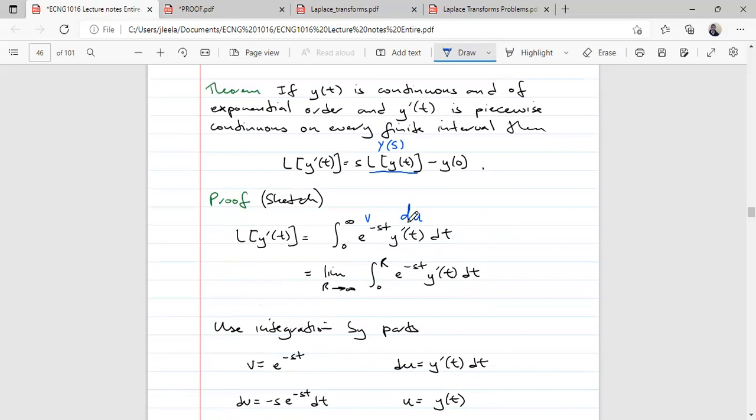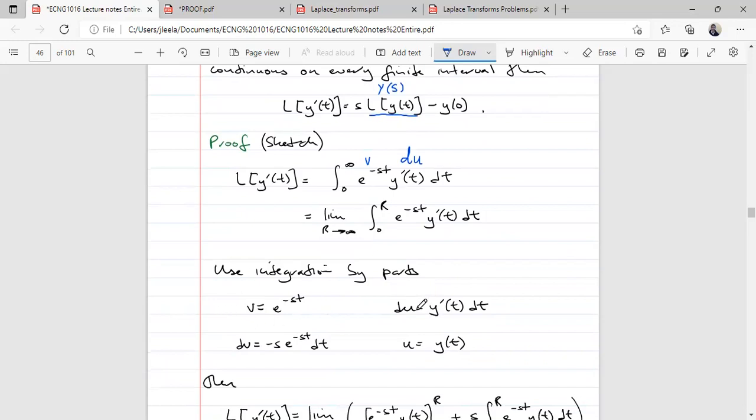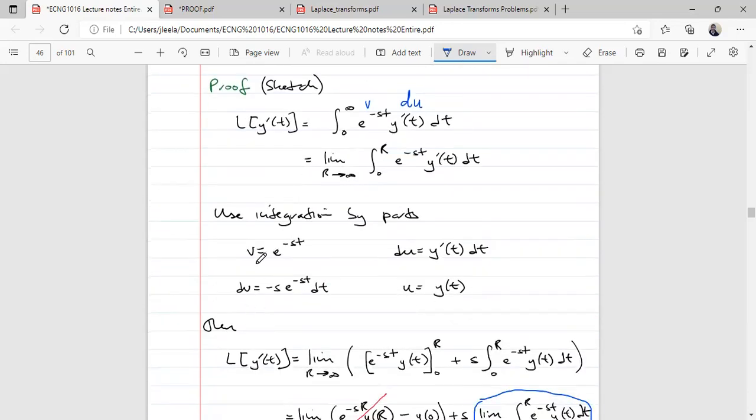And here now you're calling this here your v and this here your du, and then you're integrating by parts. But before we integrate by parts, we take the limit as r approaches infinity, and we replace the upper limit by r. So here we have our integration by parts. Your v is e to the minus st. Your du is the derivative of y(t). So if you differentiate e to the minus st, you get minus s e to the minus st dt.